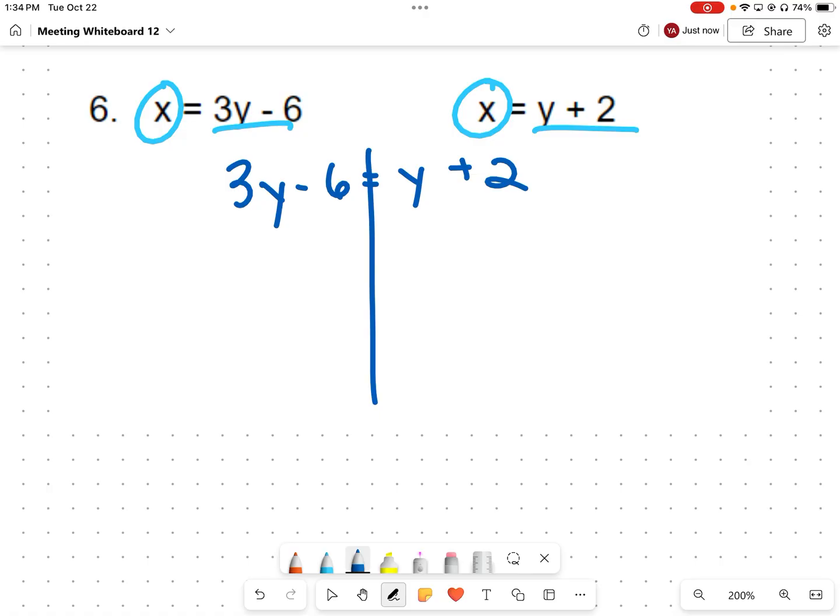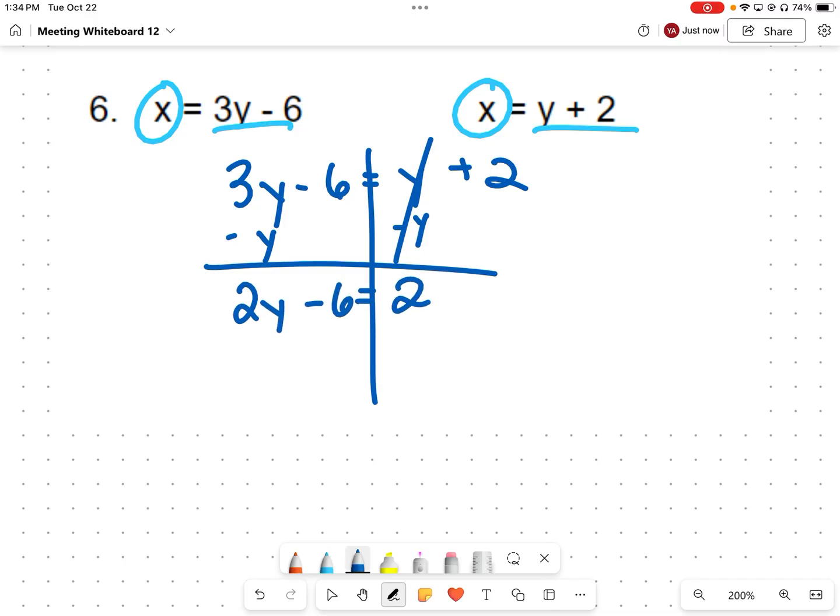What should we do first? Subtract what? The y. There is more than one way to do this also. So if you start with subtracting 3y, you're fine. So if I have 3y, I take a y away. How many do I have? 2y. Okay, now it's a simple equation to solve.